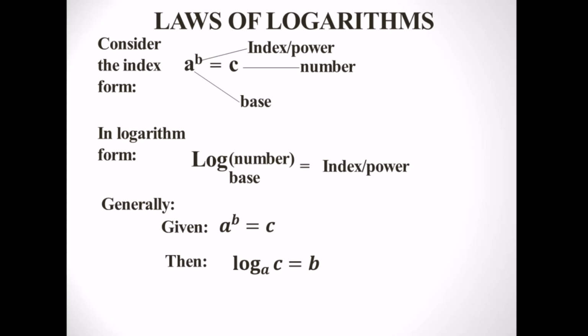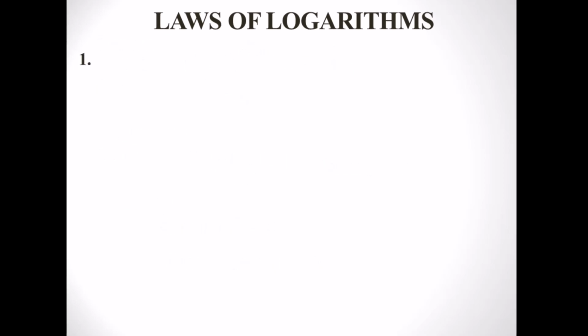So what are some of the laws that govern logarithms? The logarithm of a number a added to the logarithm of a number b translates to the logarithm of a multiplied by b.